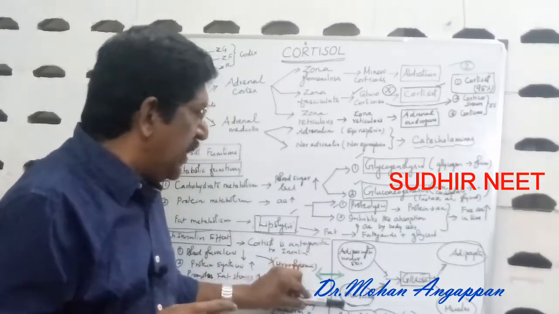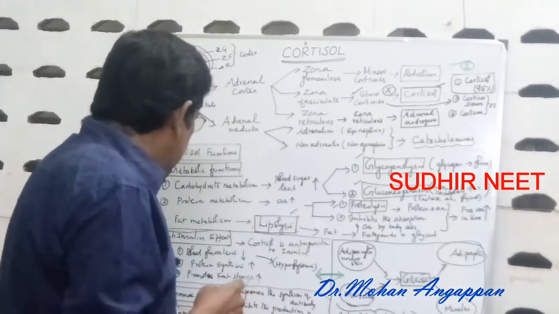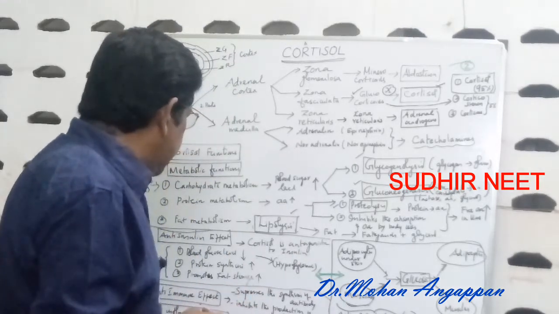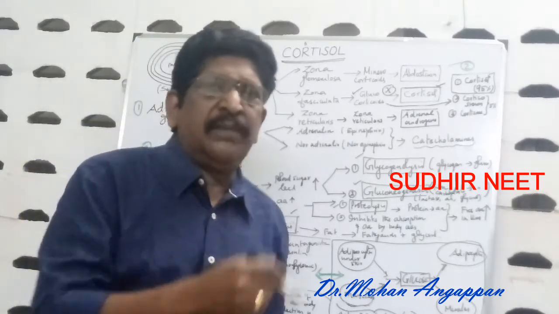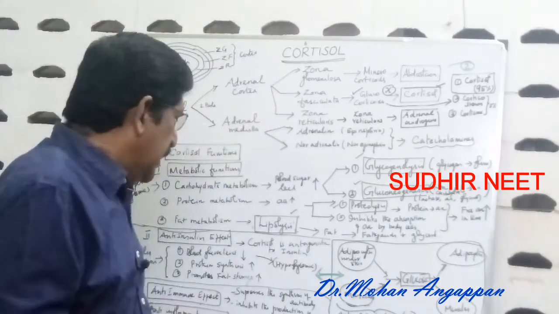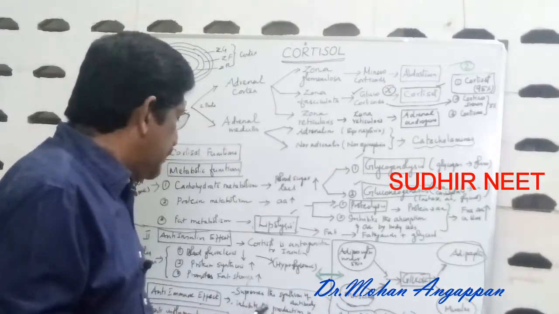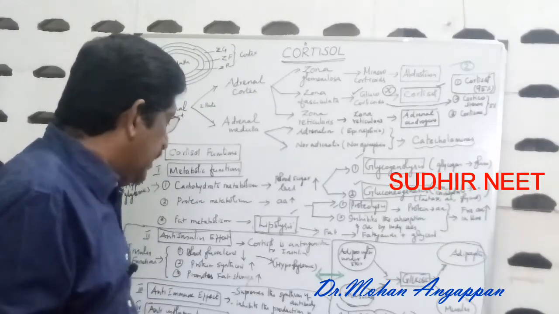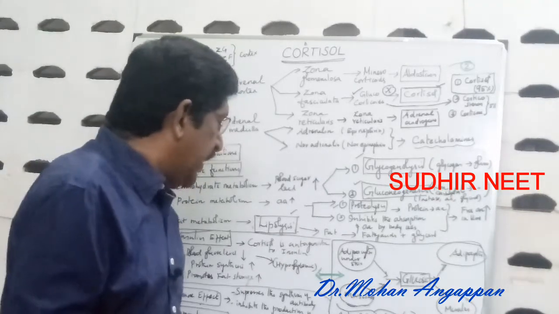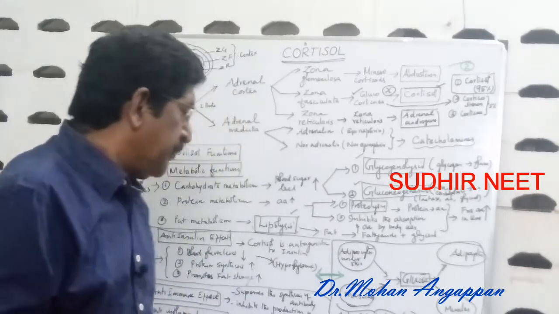This is the next stage of the cortisol functions. Next, it is anti-inflammatory in effect. It gives an anti-inflammatory effect. That means it suppresses the synthesis of antibody and inhibits the production of lymphocytes. It retards the phagocytic activities of WBC and suppresses inflammation.